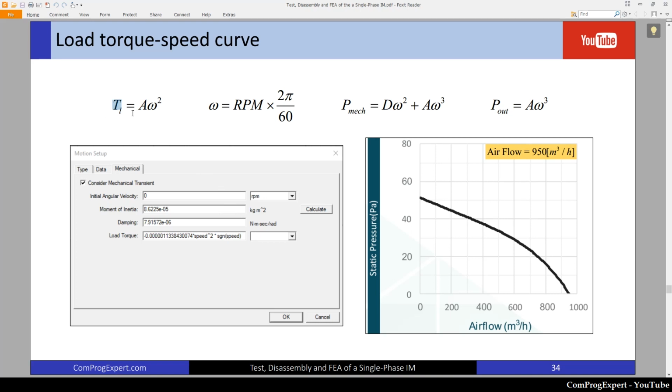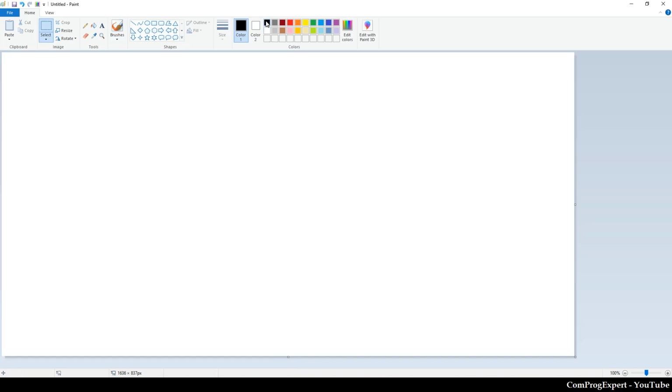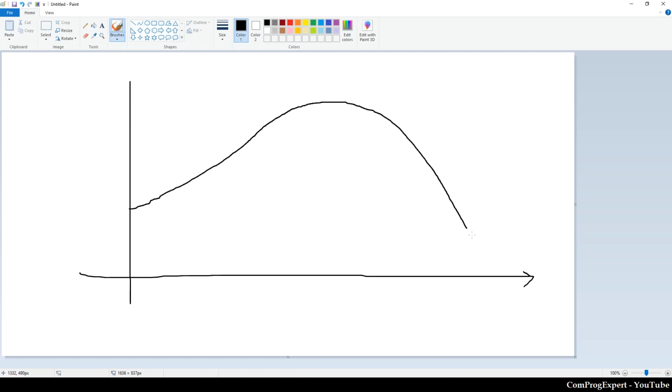For a fan, we can write the load torque is equal to a constant A times omega squared, right? So the operating point, as you know, in an induction motor, is the intersection of the torque speed curve of the induction motor and the torque speed curve of the load. So this is A omega squared, and this is the steady state operating point.